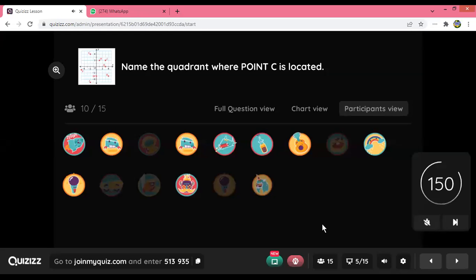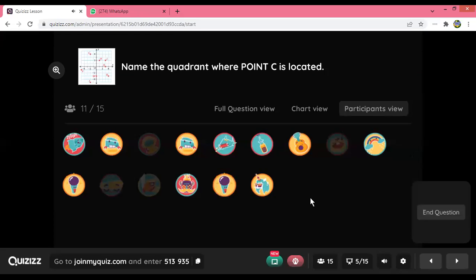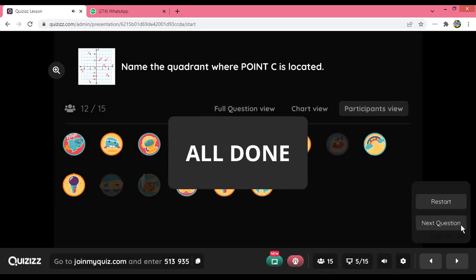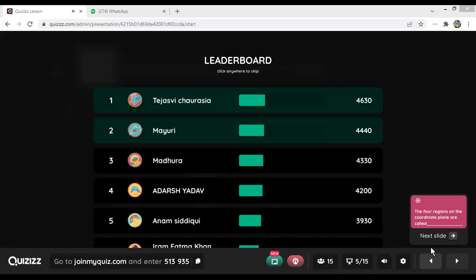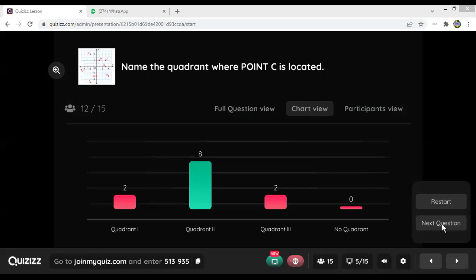Be quick. 5 more seconds. Time up. Let's see how many of you got it correct. Very good. The answer was second quadrant. Let's look at the next question.